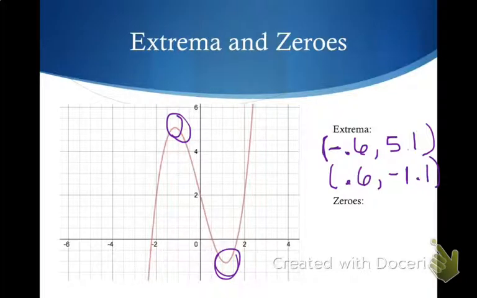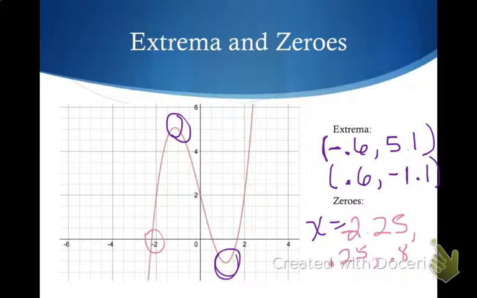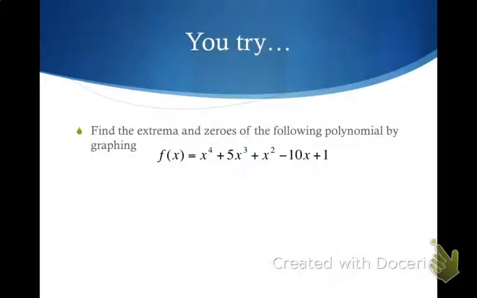The zeros are happening at x equals, let me switch colors here, x equals like 2.25, negative 0.25, and like 0.8. Those are estimates. We'll skip that.